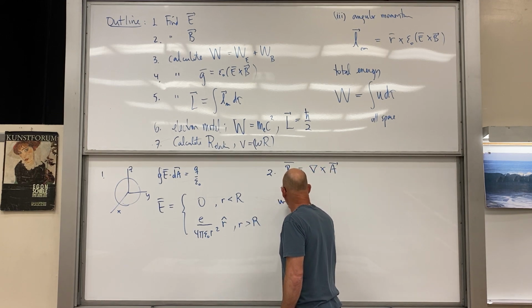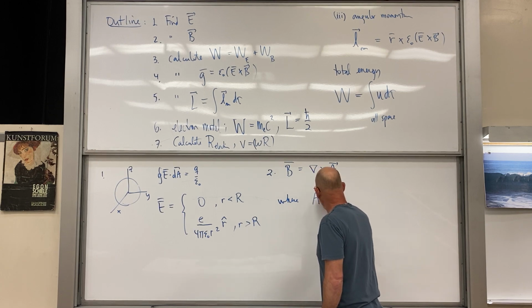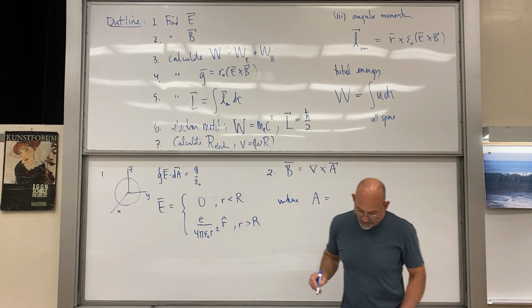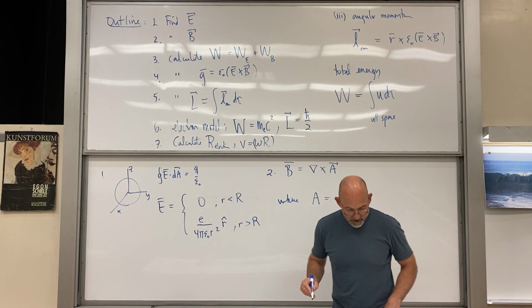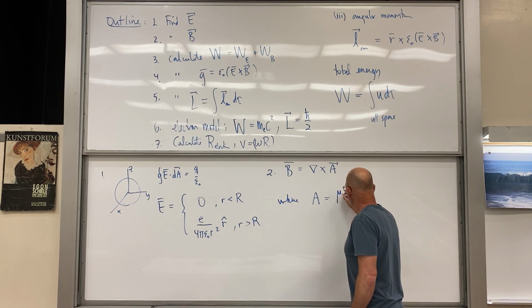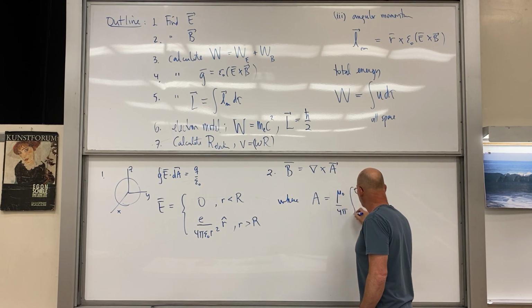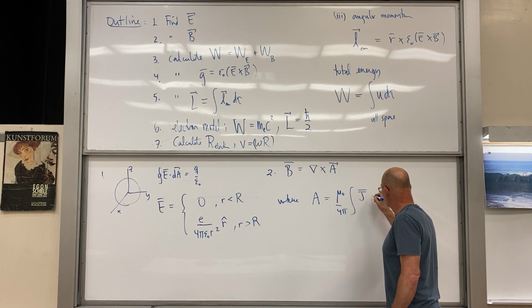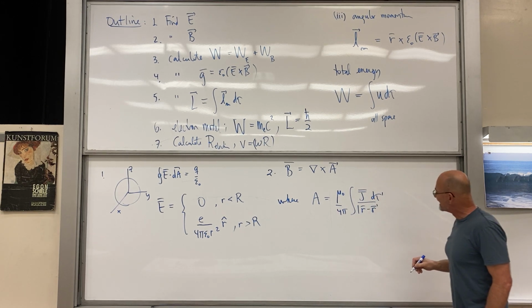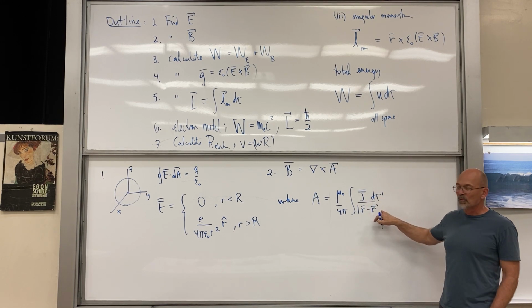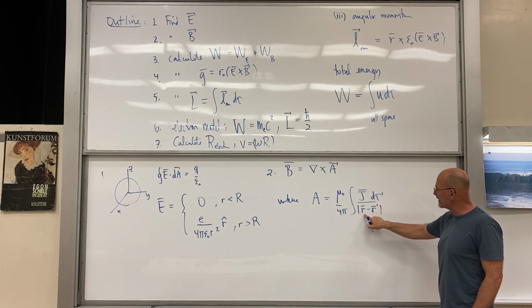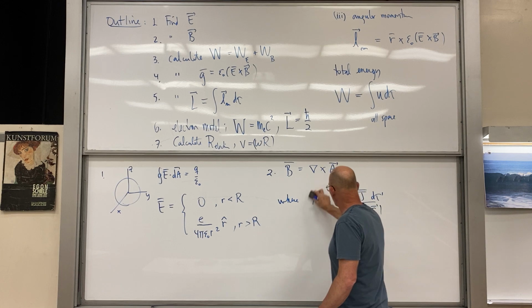So A is equal to mu naught over 4 pi, the integral of J d tau prime over the magnitude of r minus r prime. J would be a function of r prime as well, because we're integrating over the primed coordinates, and r is the position out there in space, so A of r.